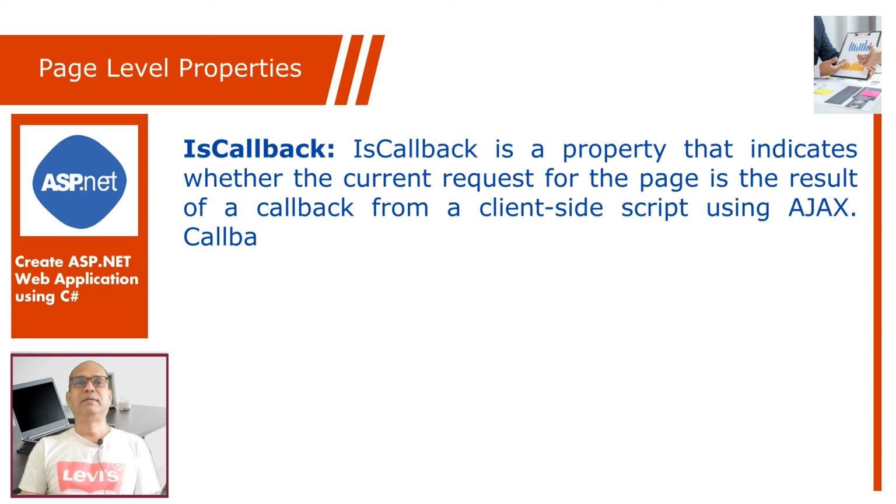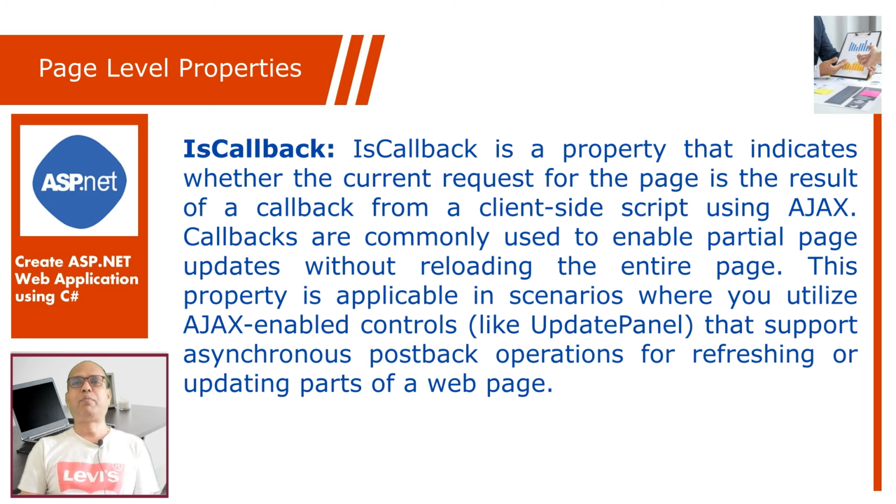IsCallback. IsCallback is a property that indicates whether the current request for the page is the result of a callback from a client-side script using Ajax. Callbacks are commonly used to enable partial page updates without reloading the entire page.